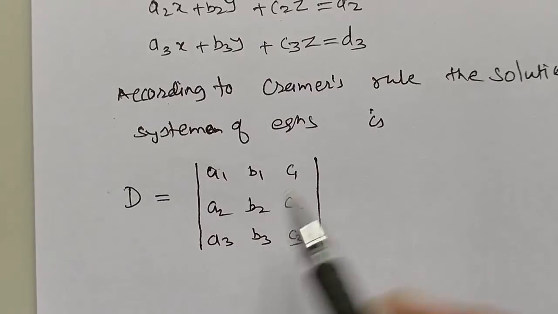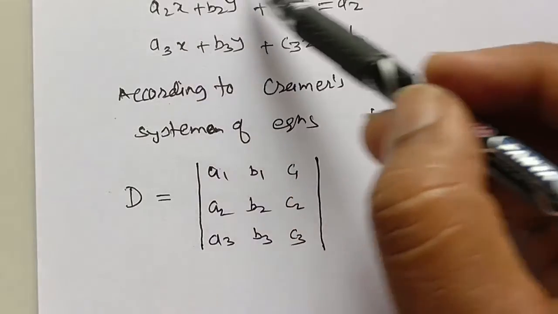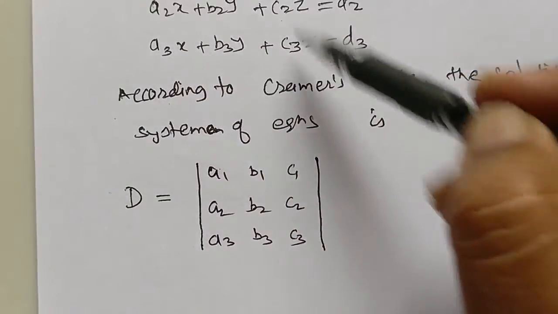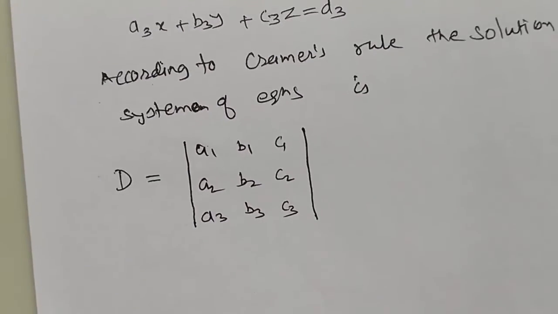This is a determinant obtained by taking the coefficients of x, y, z in the system of equations. Now we obtain another determinant dx.